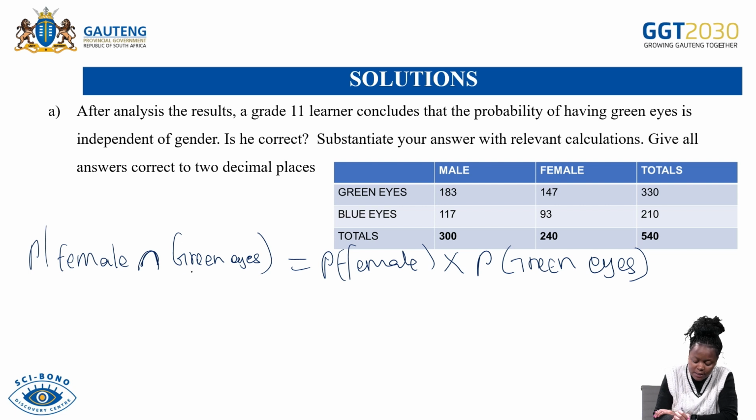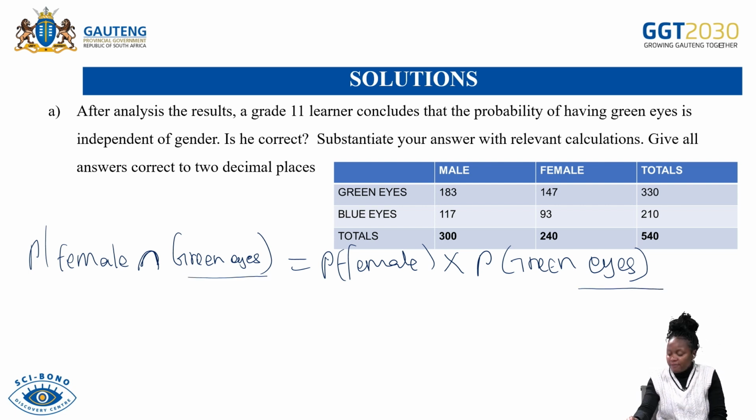If this side is equal to that side, then you can say those events are independent. Ne? So let's go to the table here.